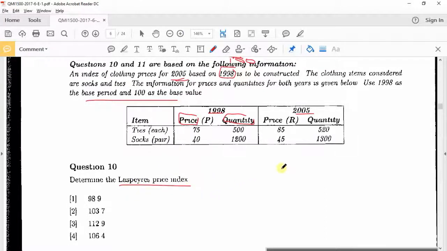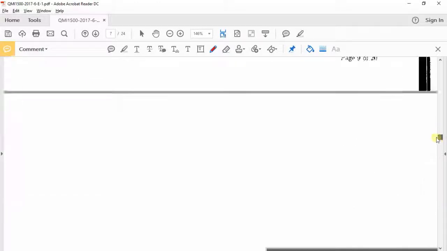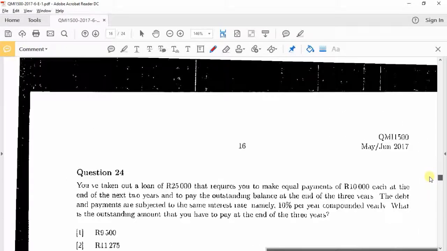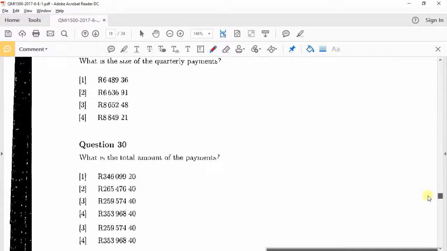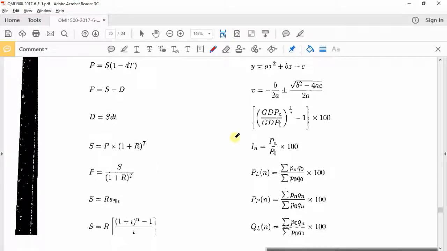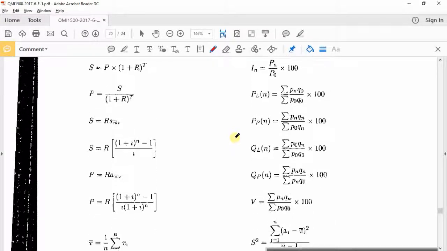Now we need to look at the formula for the Laspeyres price index. We need to get that equation from your formula sheet. It's the last page. There it is, so Laspeyres would be there, PL.